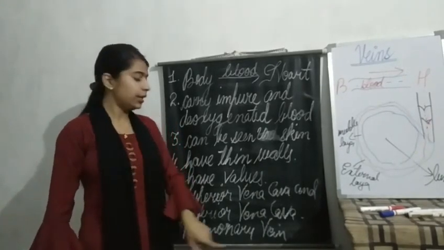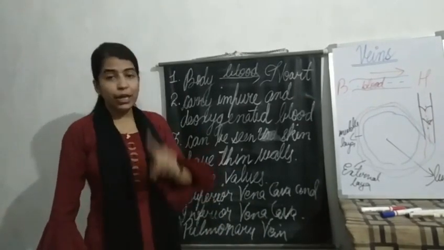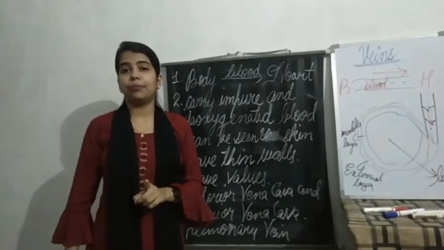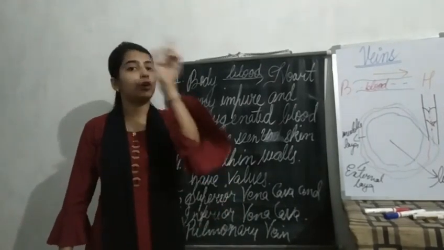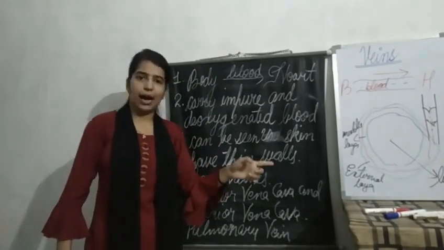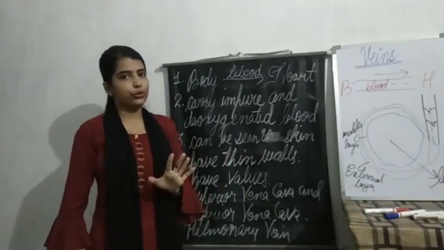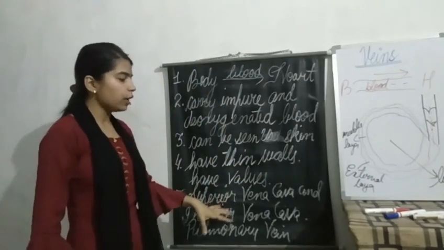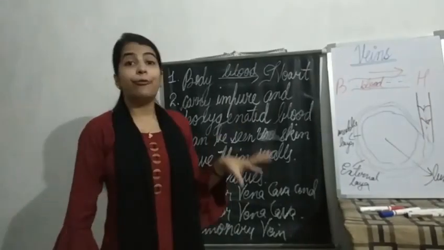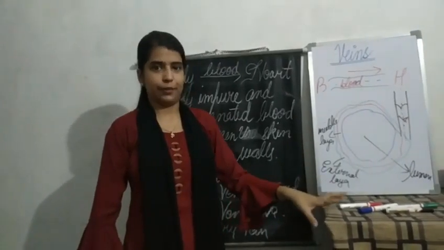Listen carefully. The pulmonary vein will carry oxygenated blood from where? From your lungs to your heart. Is it clear to you all? So these were the functions of veins in your body.